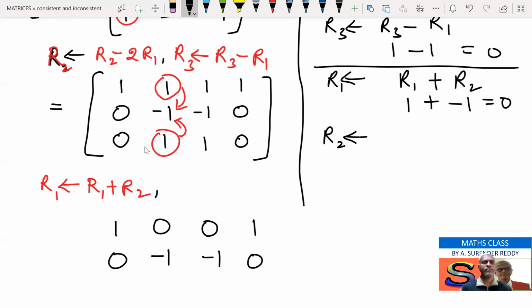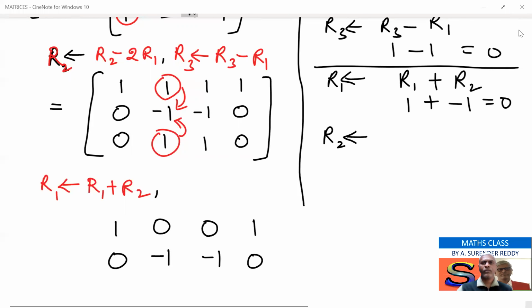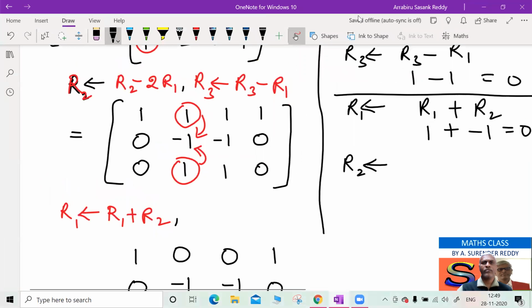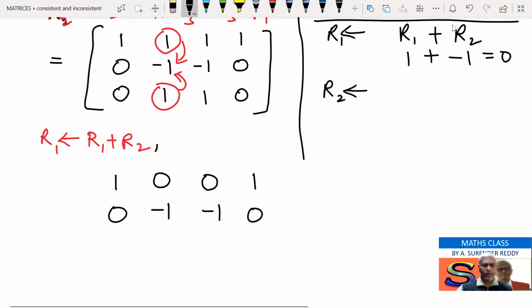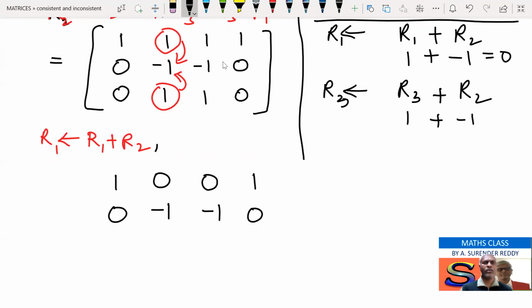Again the third row has to be converted. Let us prepare a formula for the third row. Here there is 1 in R3 and R2 has -1. 1 minus 1, adding gives 0.